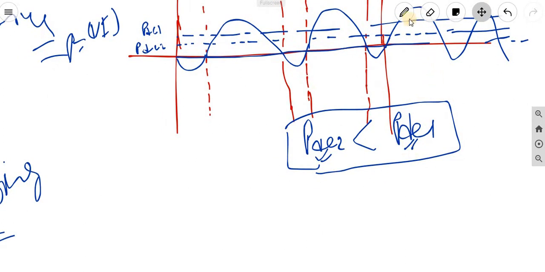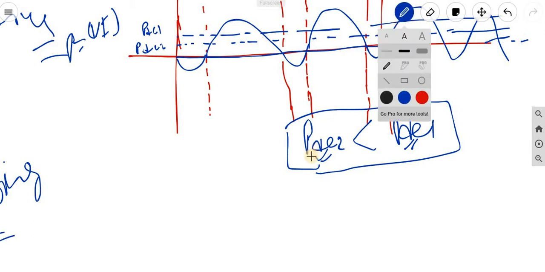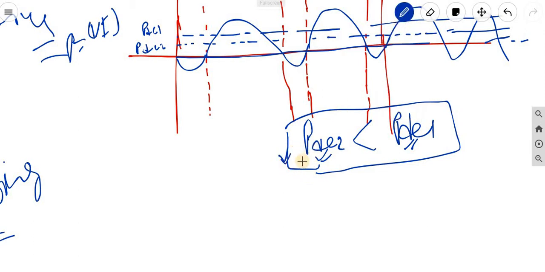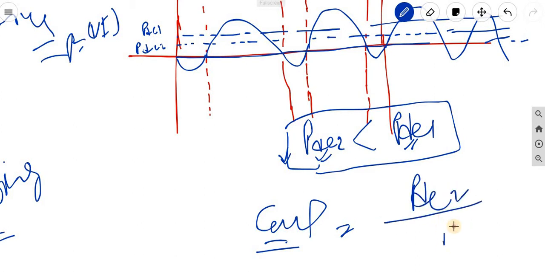So that means here a fraction term is there, and that is considered as the power factor, PDC2 over PDC1.